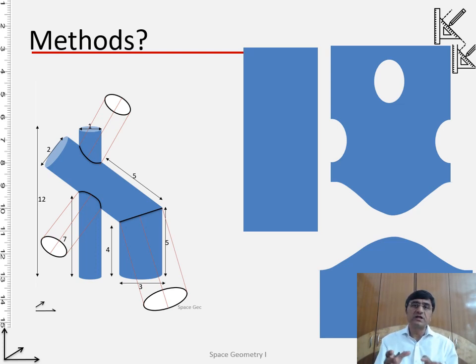Once we do this in actual practice, each and every measurement has to be correct. The moment you have the pieces like this, straight away you should be able to fold them, put them together and generate this. So what are the methods that we are going to employ for this?